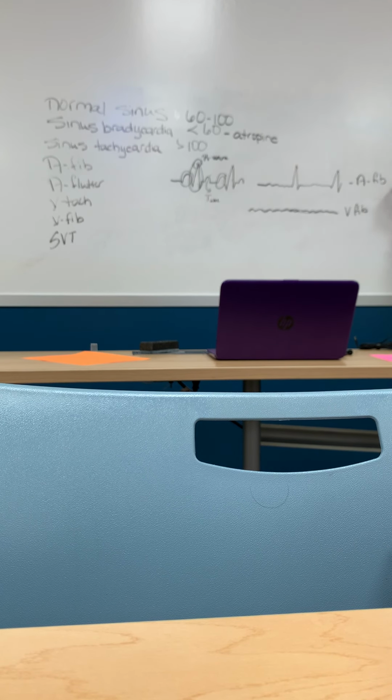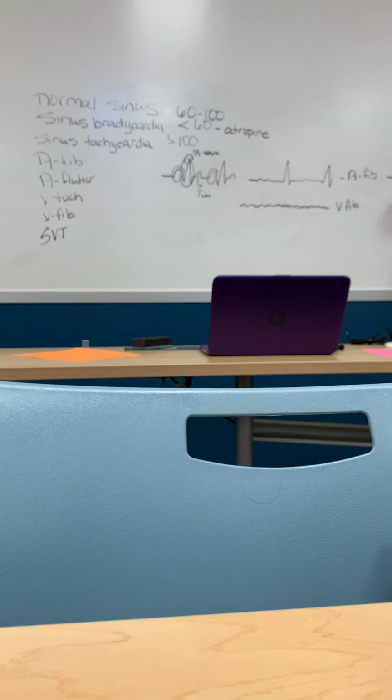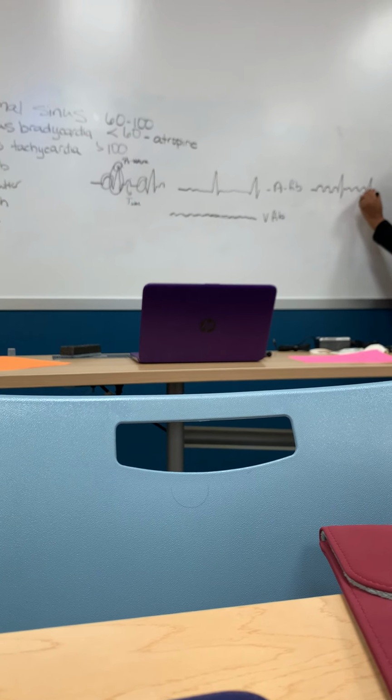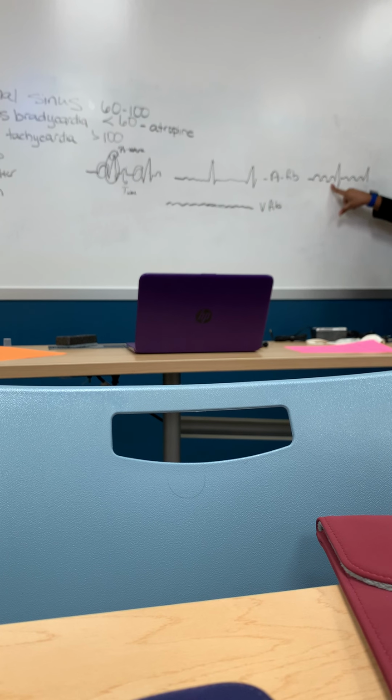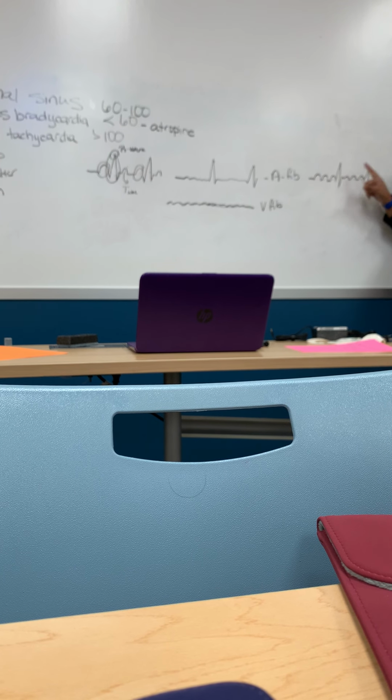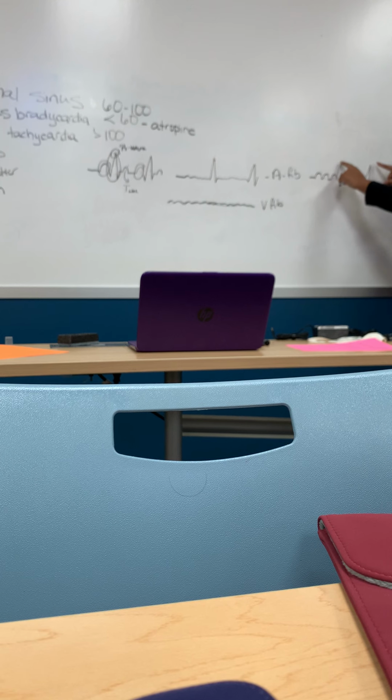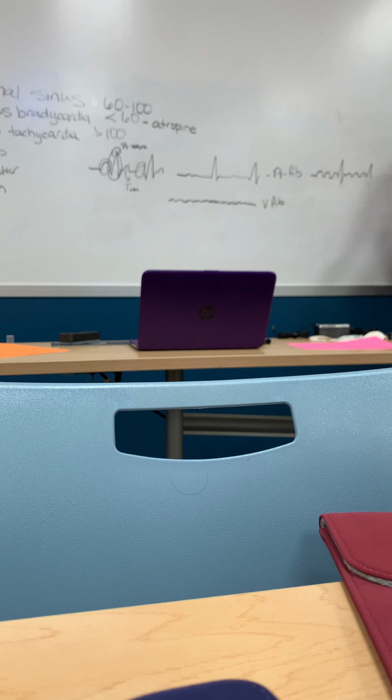If your patient has multiple P waves before the QRS complex, P wave, P wave, P wave, P wave. You got more P's than you do QRS's, and your QRS is equally spaced out, so those are still regular.